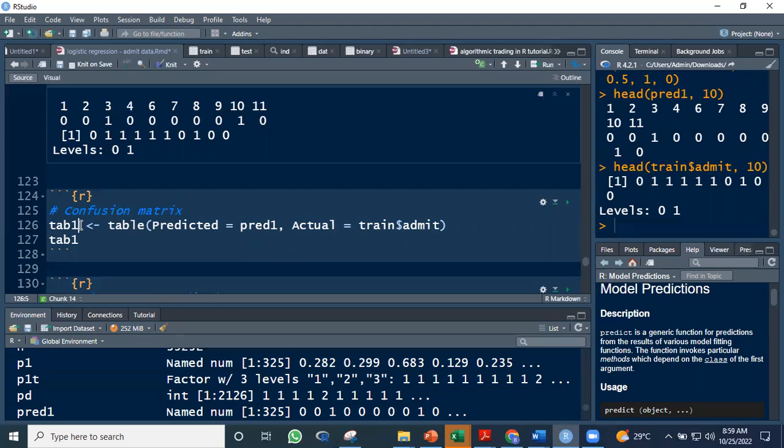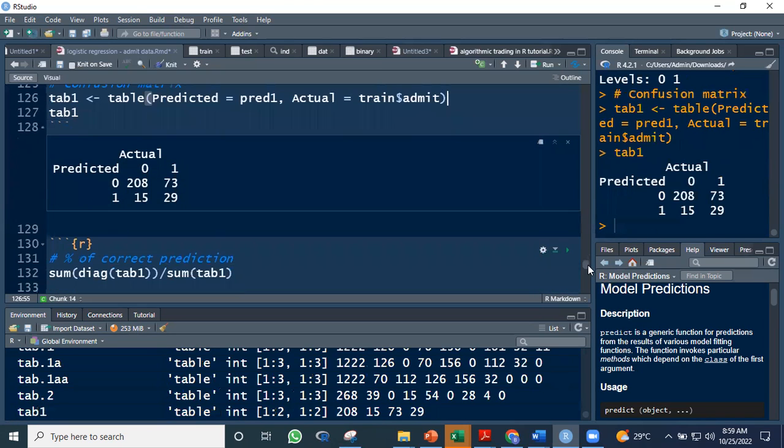We have here tab 1 for table 1, and then we're using this function table. On the rows, we're going to put yung predicted value natin. So ito yung pangalan ng row, predicted, and then it will be your pred1, and then sa column, yung actual natin, and it will come from yung train natin, yung admit variable. Okay, so let's run this.